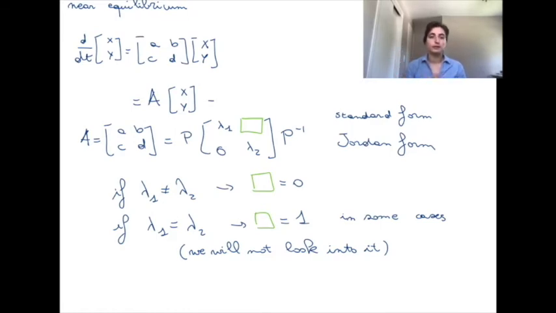We know that if we have a capital A being a 2 by 2 matrix, then we can rewrite it as a product of an invertible matrix P times a diagonal matrix. We have introduced a theorem stating that if the roots, the eigenvalues of A, are different, then the matrix in the center is diagonal.